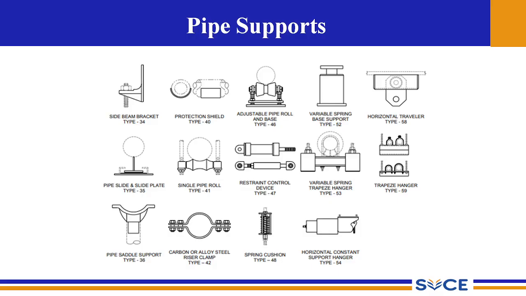Next is the type 42 carbon or alloy steel riser clamp. This is a pipe attachment for supporting vertical piping through the use of shear lugs welded to the pipe. The load bolts are provided to transfer the pipe load to the hanger assembly.